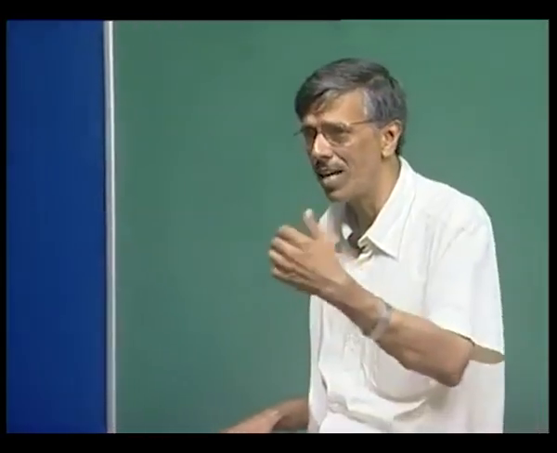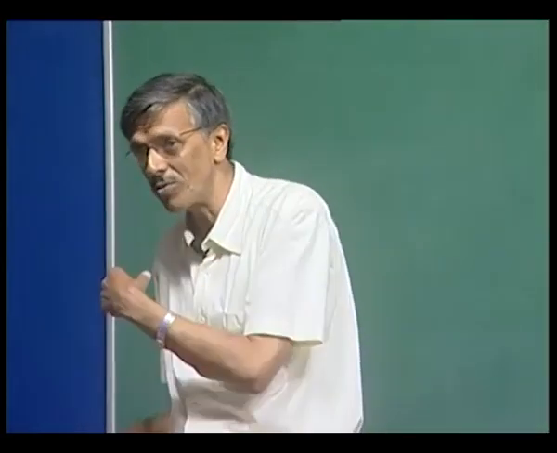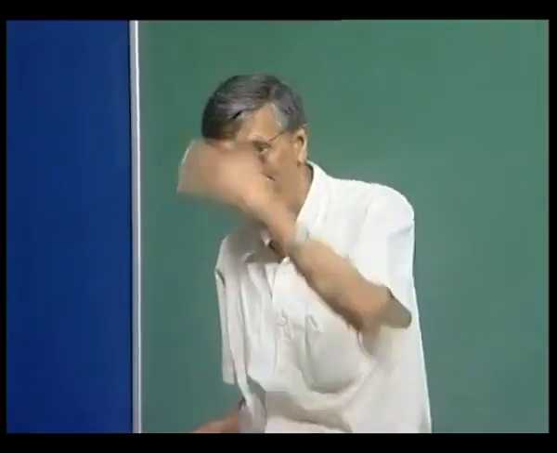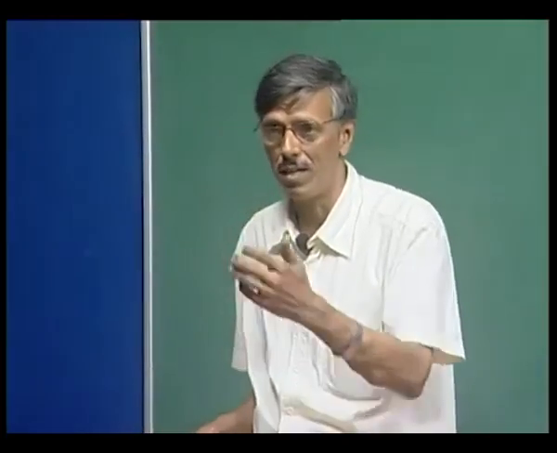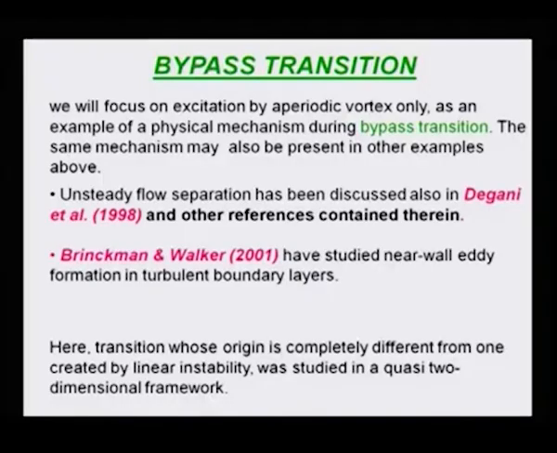And if you see some streamwise vortices in the spanwise plane, that would create the bypass transition. So that is one thing. The transition occurs completely differently from what we have studied so far through linear stability theory in a quasi two-dimensional framework.